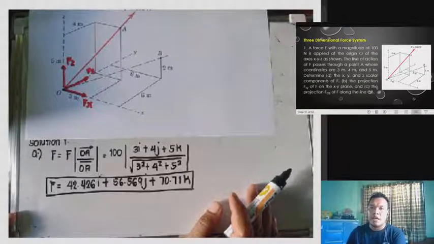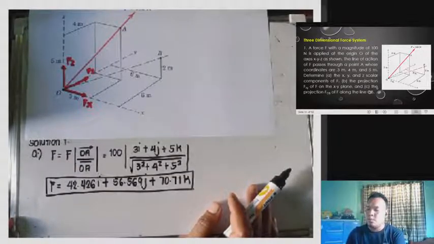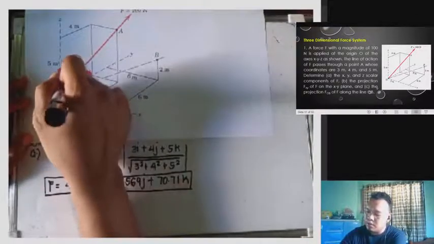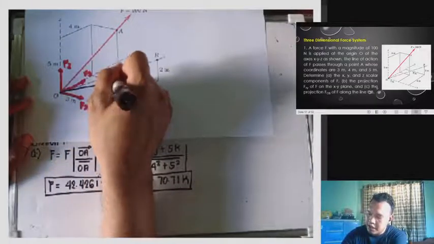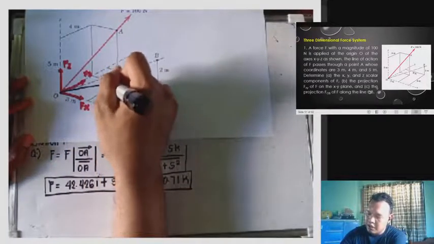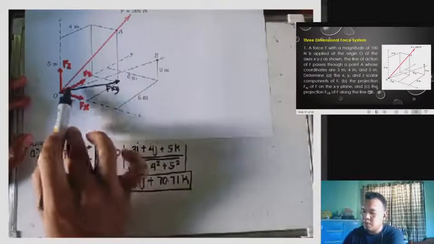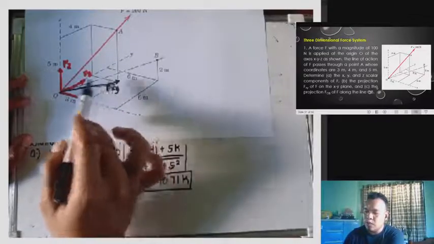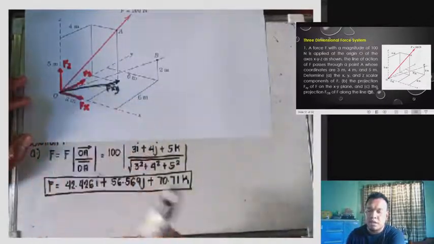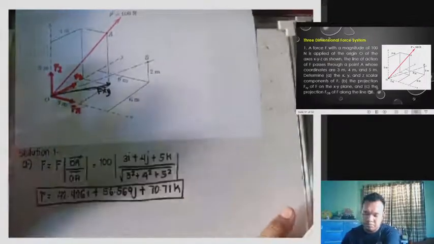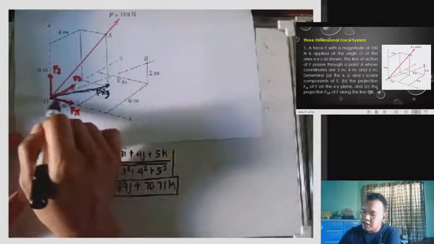Okay, letter B. Line projection Fxy of F on the xy plane. Okay. So, to get the value of the force Fxy, it will act there. So, to get the value of Fxy here, I first need to get this angle. To get this angle, we have here 3 and 4.